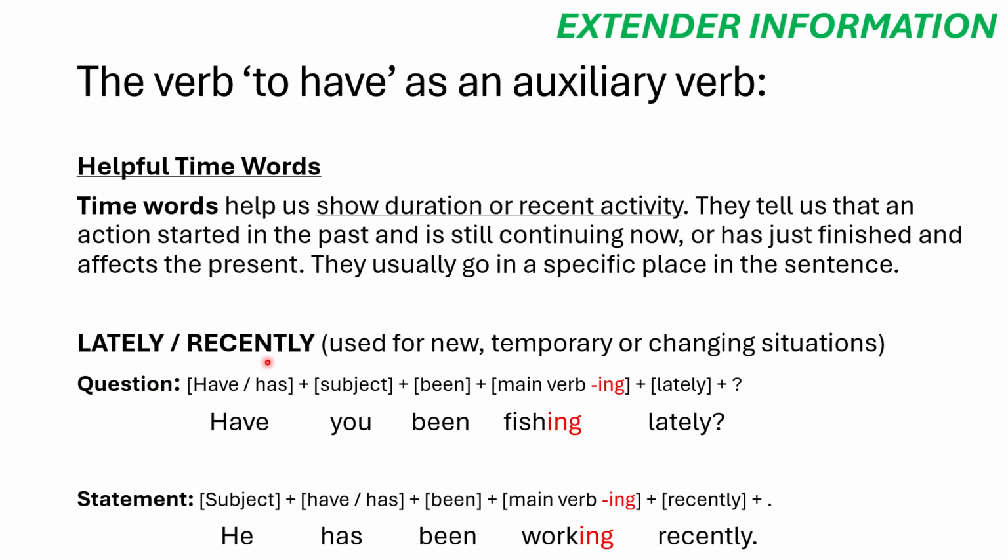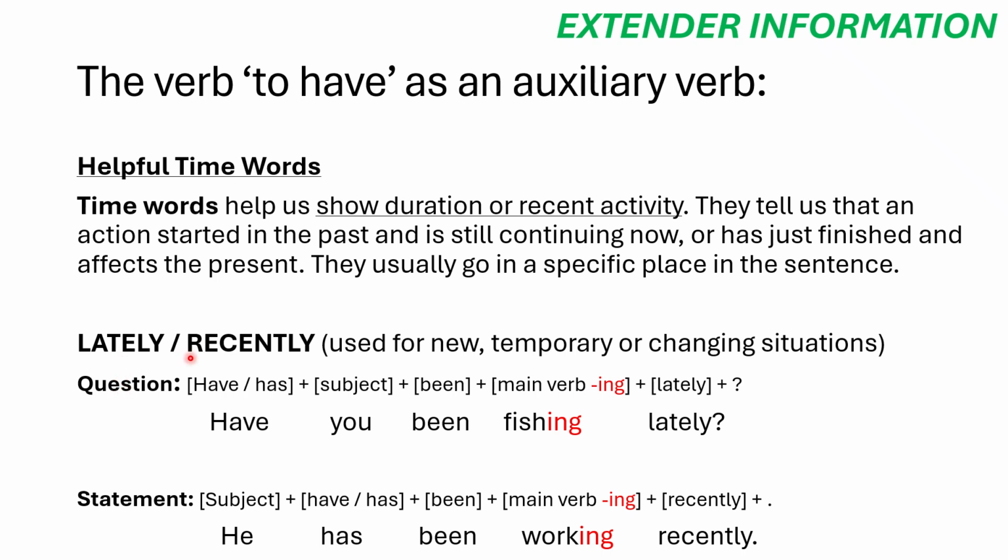Lately and recently are both used with the present perfect continuous tense to talk about activities close to now. Recently often points to a shorter, more specific time, while lately suggests a longer or repeated period.